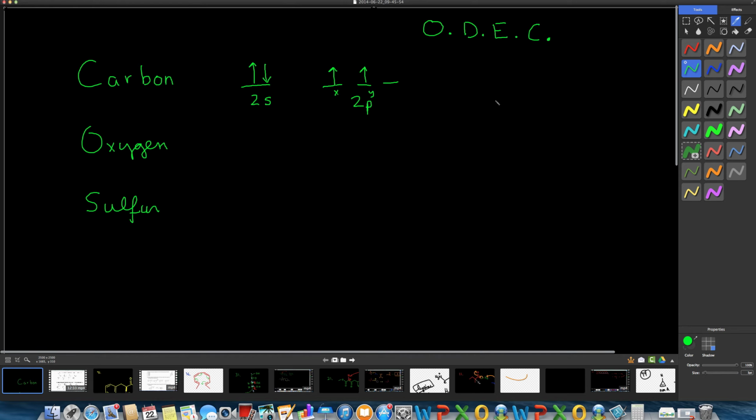Now with this nomenclature, anytime you have a lone arrow, this is a potential bond. So if you want to know how many bonds an atom is capable of making without hybridization, then you simply count the number of lone electrons. So in carbon, you see 1, 2 bonds.